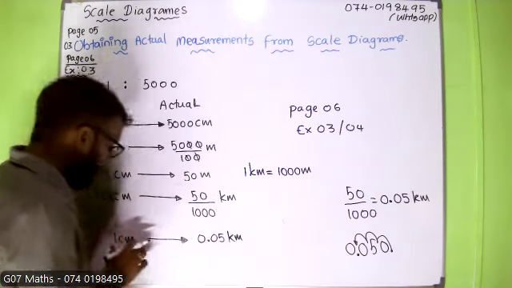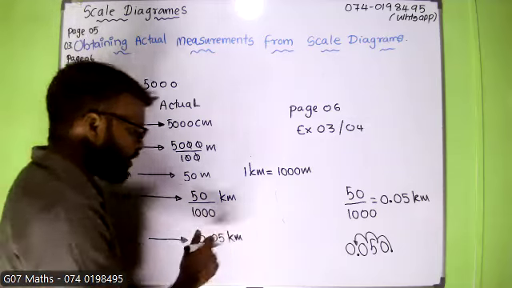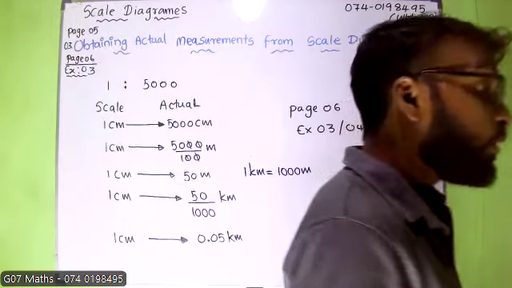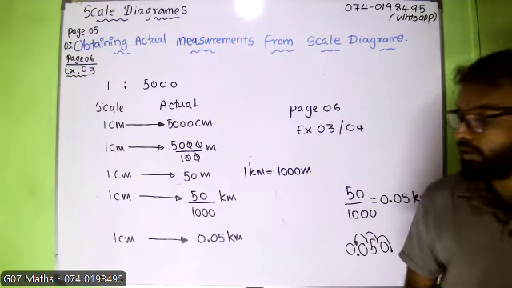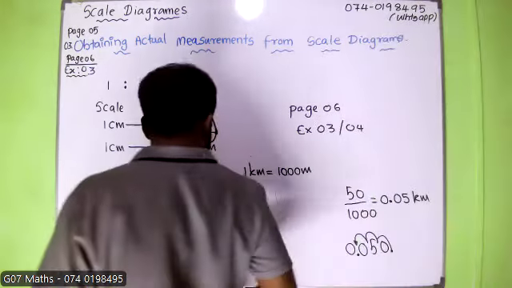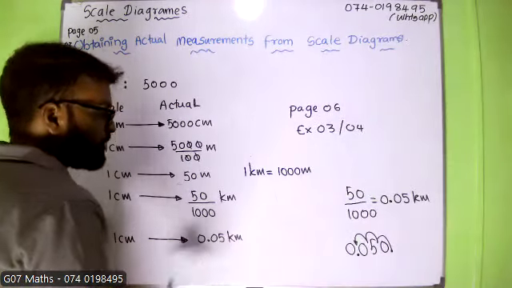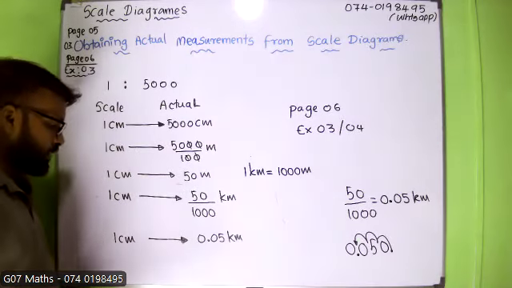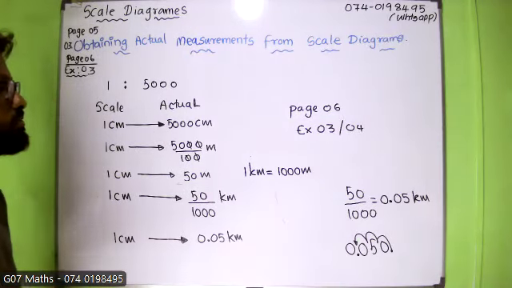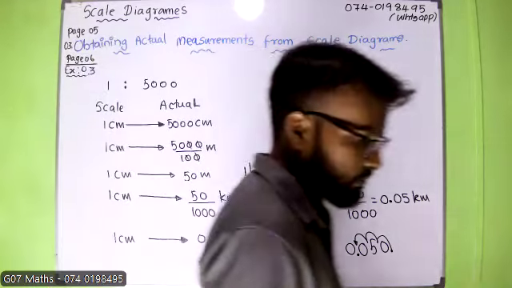So by using 1 centimeter, you are going to represent 0.05 kilometers. Right? By using 1 centimeter, you are going to represent 0.05 kilometers.